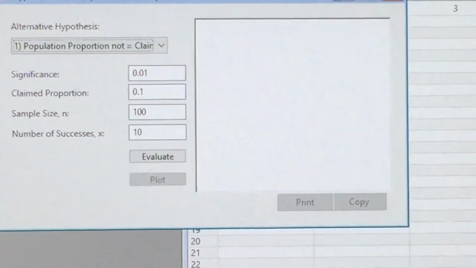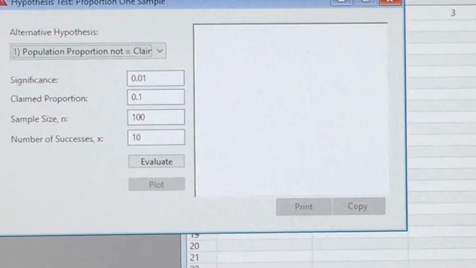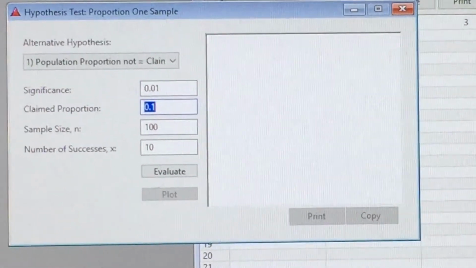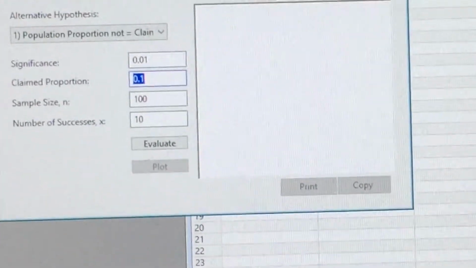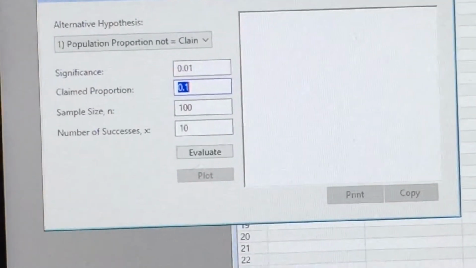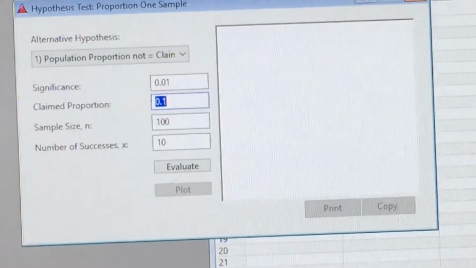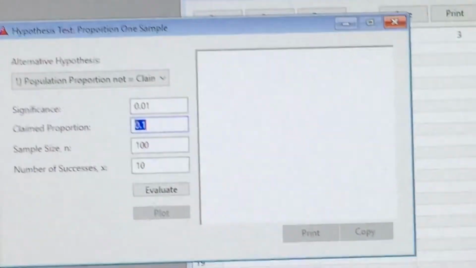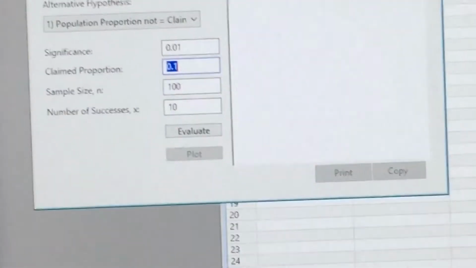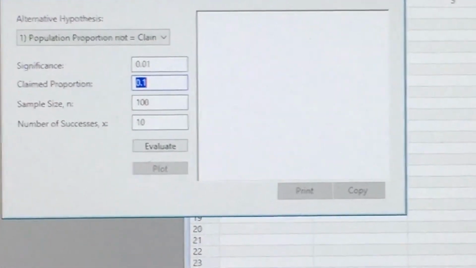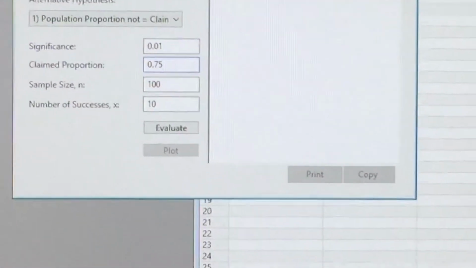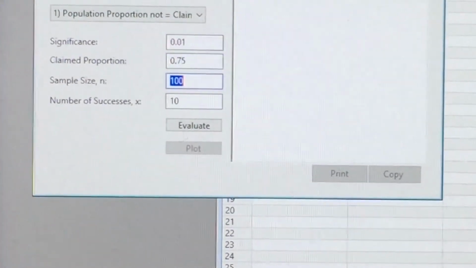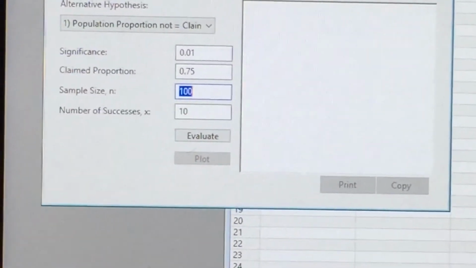Now, under the next menu item is the claimed proportion. Now, we're told that 75% of adults say that it's morally wrong to not report all income on tax returns. So 75% as a decimal would be 0.75. So we need to type that in. And then the next one is going to be the sample size.